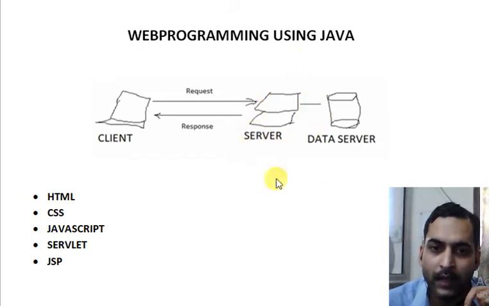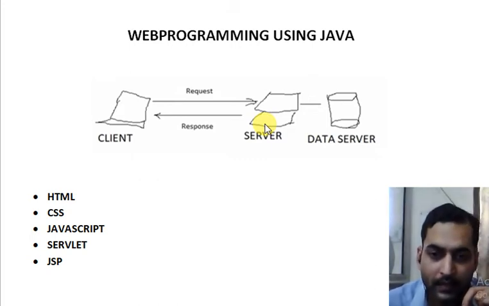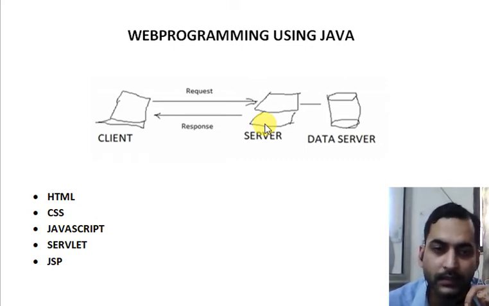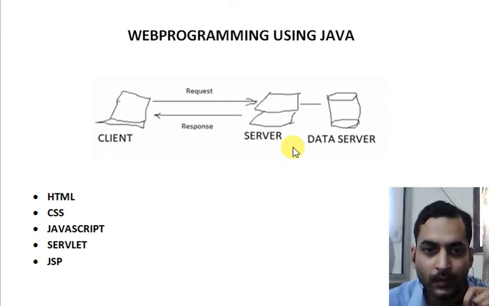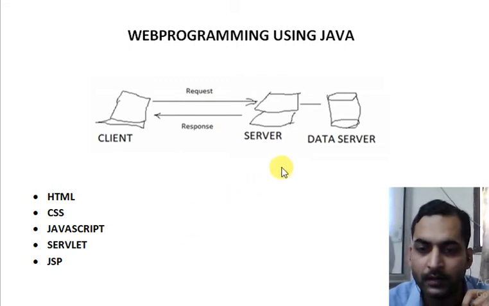It needs some helper application. By helper application I mean some application through which we can do some programming and return the result. So in case of Java, this servlet and JSP can serve as a helper application, right?